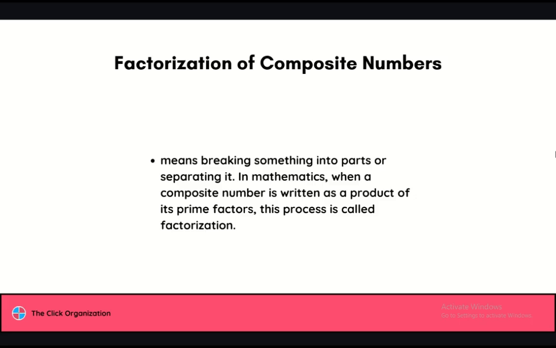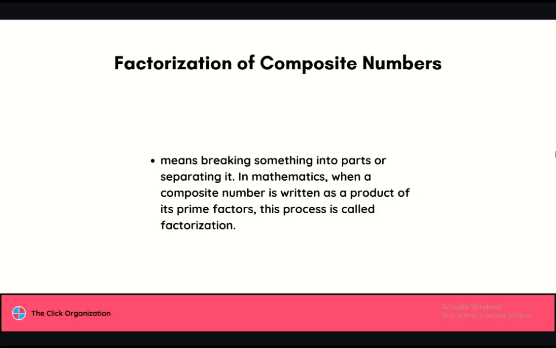In mathematics, when a composite number is written as a product of its prime factors, this process is called factorization. And we will have an example of factorization after finishing the definitions. This was our first topic, prime and composite numbers.